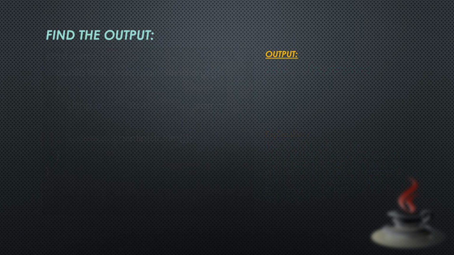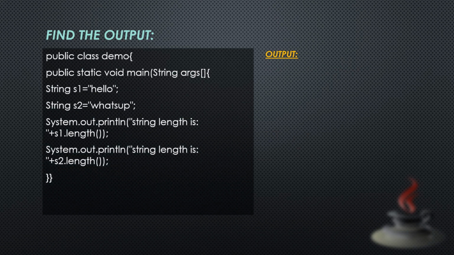Okay, all right, let's go to my next one, that is public class demo and public static void main, string args. In string s1 it is hello, in s2 it is whatsup. So here System.out.println string length is s1.length, and similarly string length is s2.length.